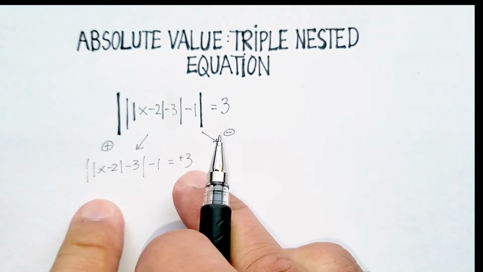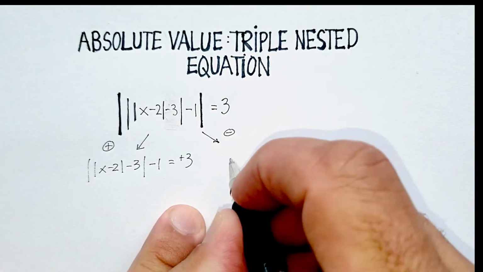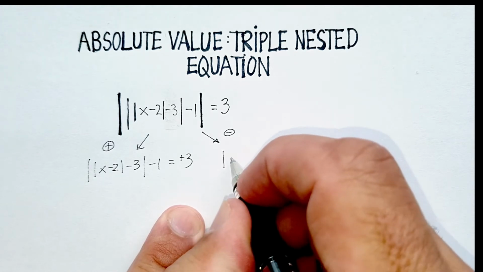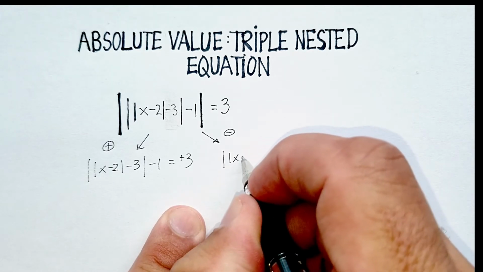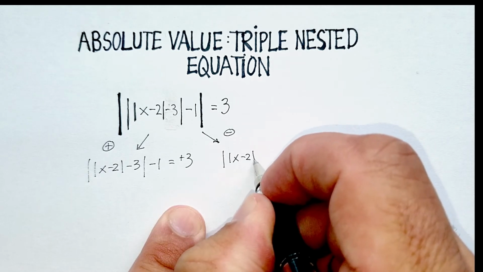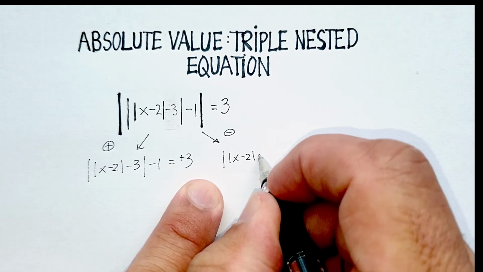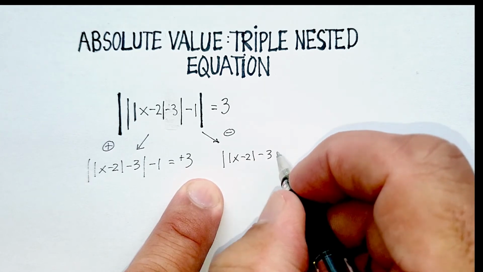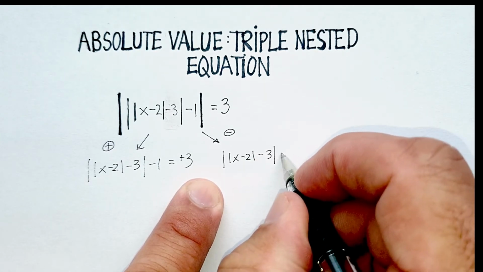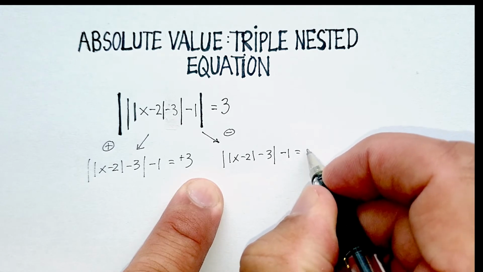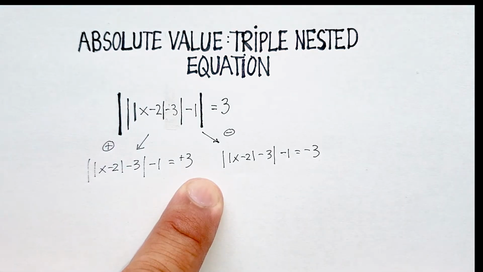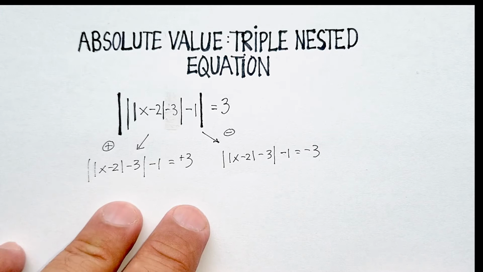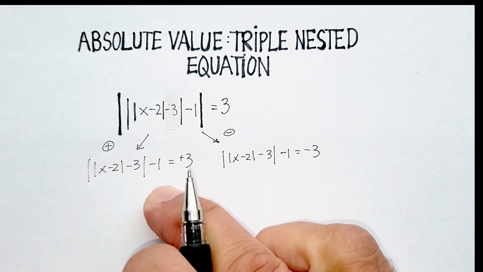And notice that we got rid of the larger absolute value. And over here, I'm going to do the negative case. So I'm going to say the absolute value, again, of the absolute value of x minus 2, minus 3, minus the 1 is equal to the negative case. Okay, and now we're going to solve that. So let's just see what we get.